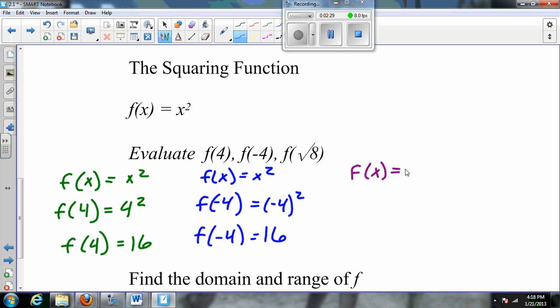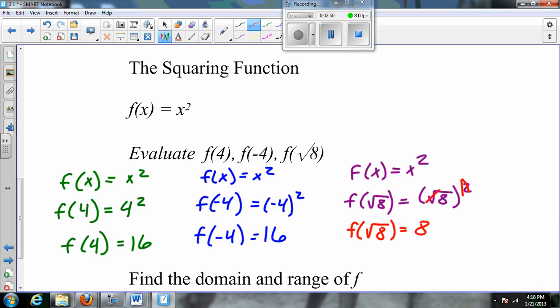Lastly, we have f of x equals x squared, and we're evaluating f of root 8. So we plug in root 8 for x and square it, and we all know that a square and square root cancel. So we get f of root 8 to equal 8.